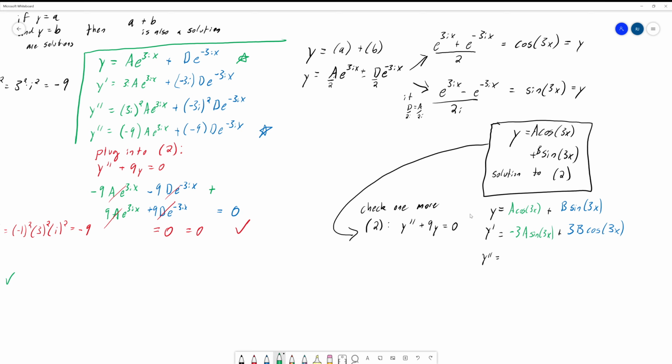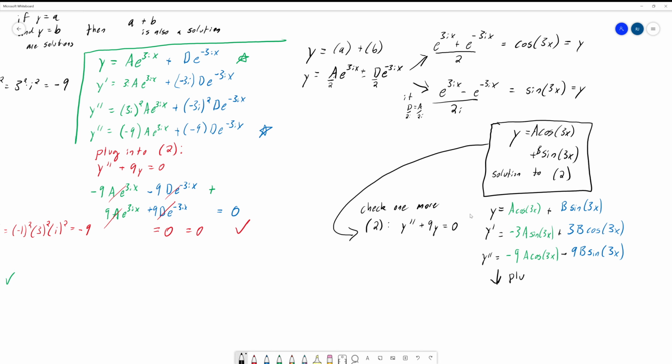So this is going to be minus 3 times 3 is minus 9, a cosine of 3x. And the cosine is going to flip signs, so it's going to be minus 3 times 3 is 9, b sine of 3x.